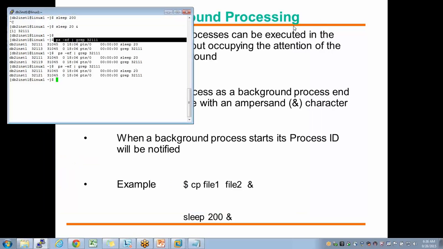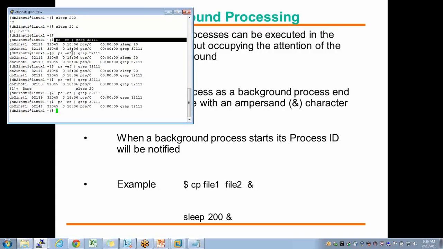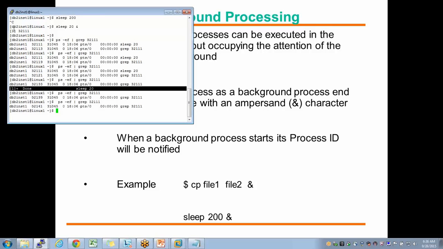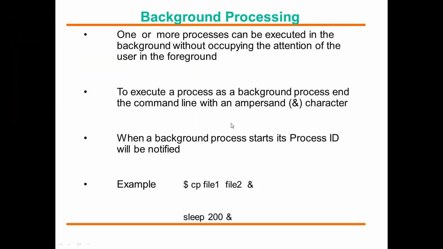Sometimes if we are doing a backup or any program which runs for a longer time, we don't want to halt our terminal. We simply put that process in the background, let it run, and I'll continue with my work. You see here it said it's done.